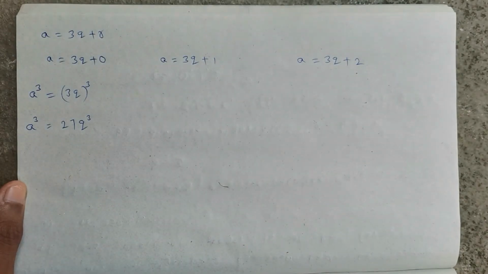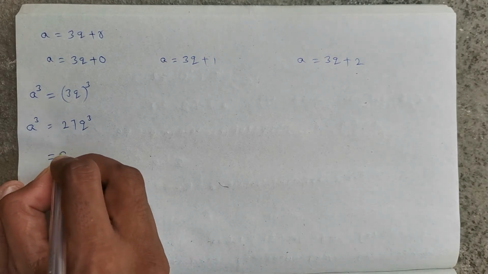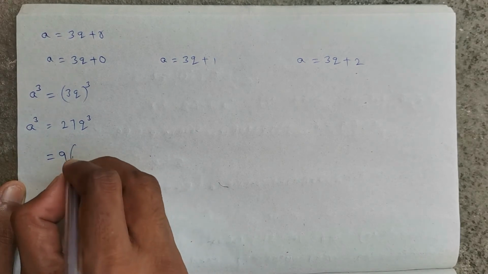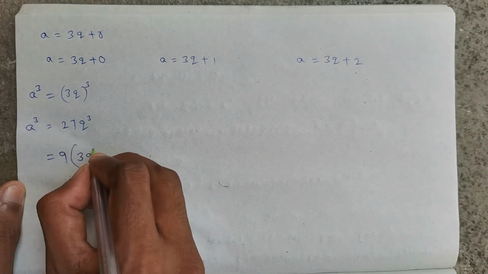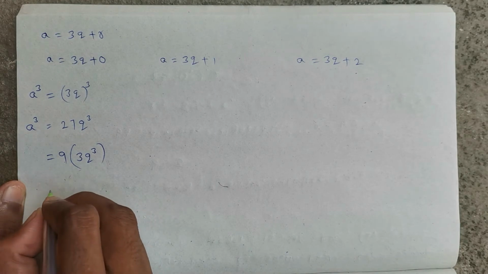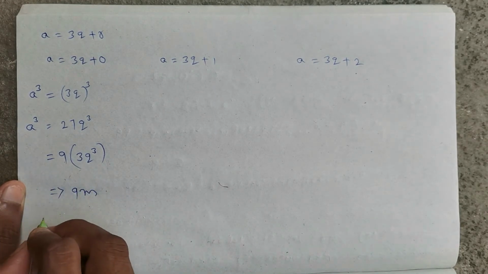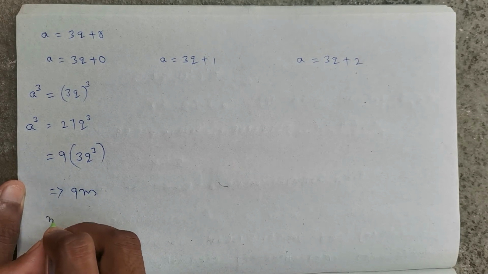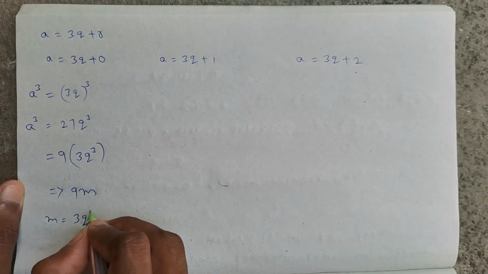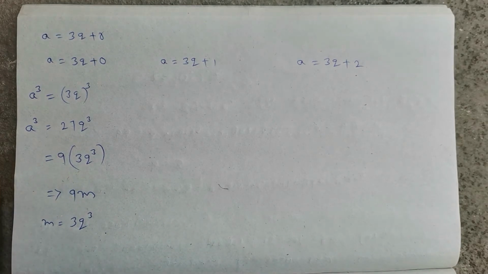We need to show that it is in the form of 9m or 9m plus 1 or 9m plus 8. So that's why I am taking 9 common. If I take 9 common, we remain with 3q cube. Now it is in the form of 9m, where m equals 3q cube.